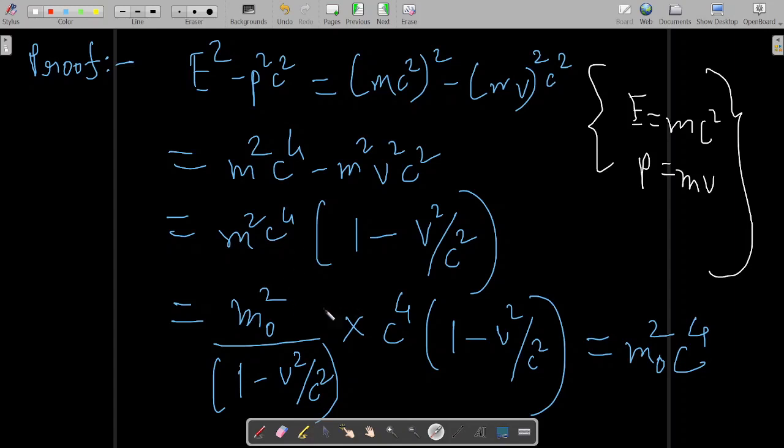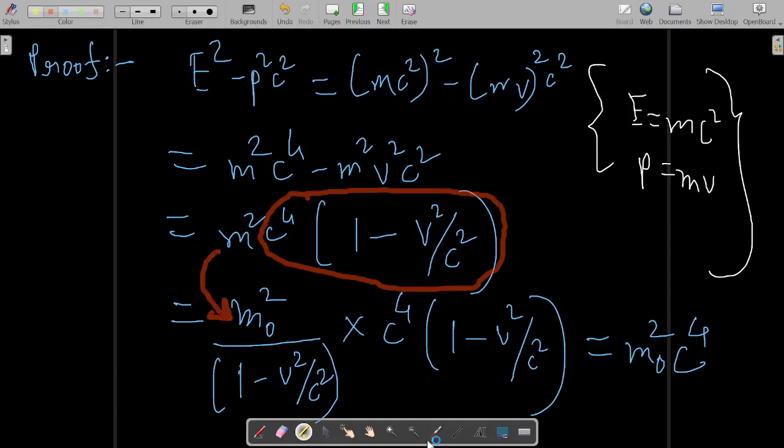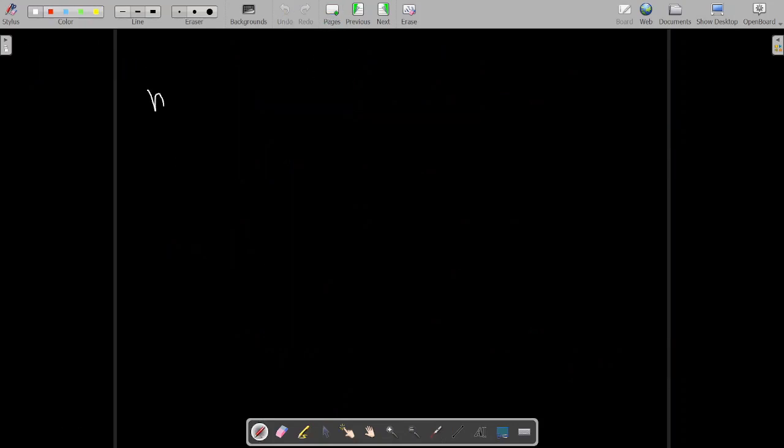Next, in place of m square we substitute m0 square divided by 1 minus v square by C square. First we took m square C to the power 4 common, got this term in the bracket, and kept the rest as it is. Only instead of m square we substitute this value. M is the mass of the particle at velocity v.